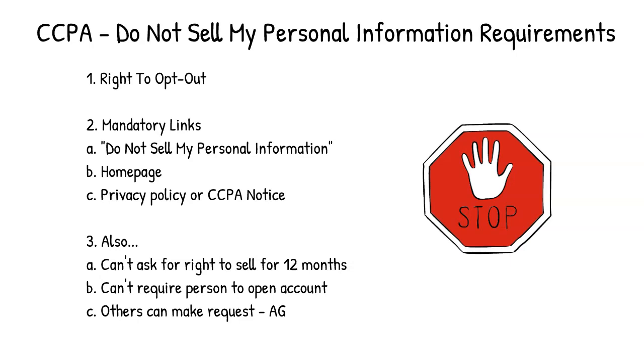The third oddity is that the consumer obviously can make a request on behalf of themselves, but other people can make a request on behalf of the consumer as well. I don't really understand why that's there, but it is. We don't know the specifics or the requirements around it because the legislature has assigned all of that to the California Attorney General, and the Attorney General is supposed to deal with those issues in the regulation that it's going to issue for the CCPA.